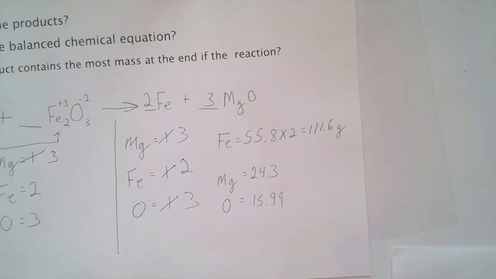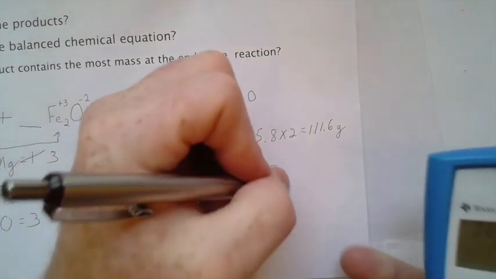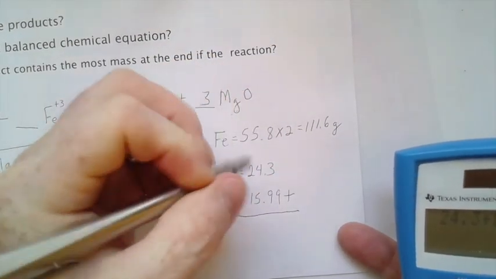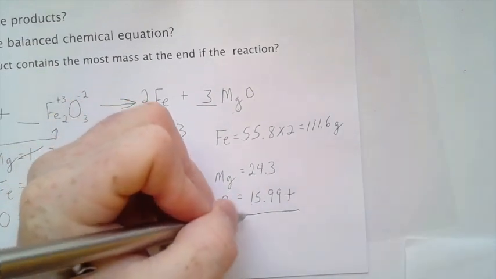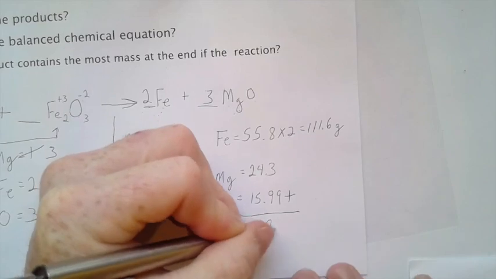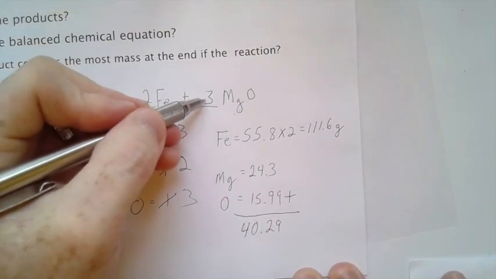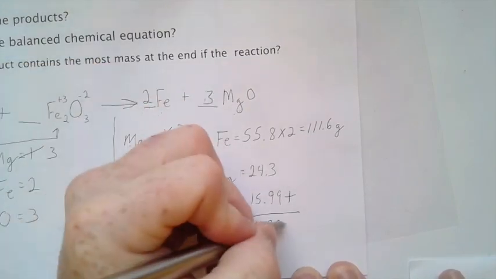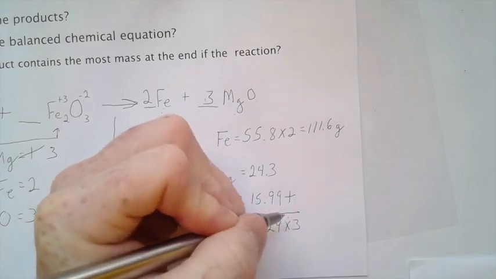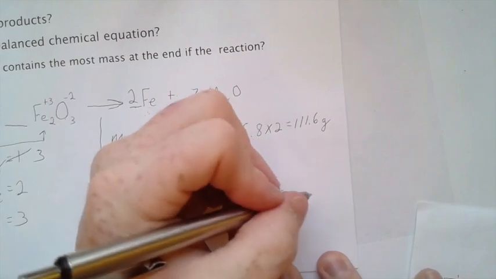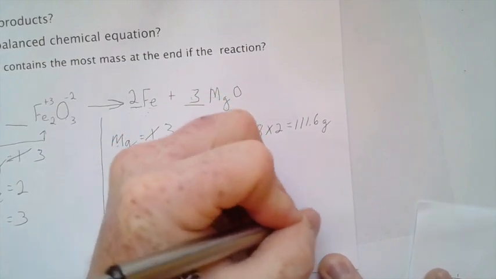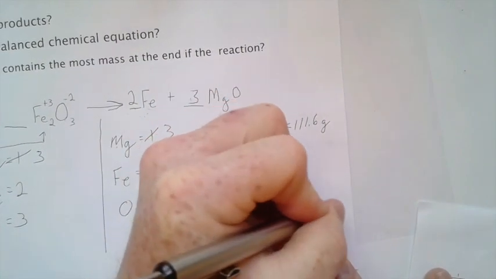We get out our trusty calculator. 24.3 plus 15.99 added together gives us 40.29. Now, we have to remember it's times 3. This number gets multiplied by 3. And what we get, it's a close one here, is 120.87.